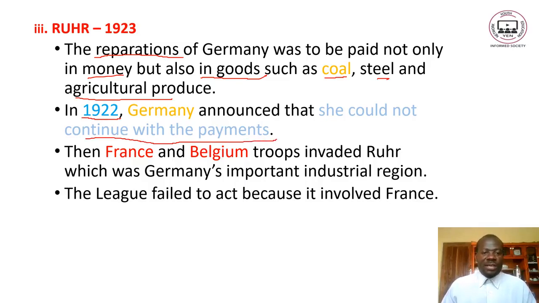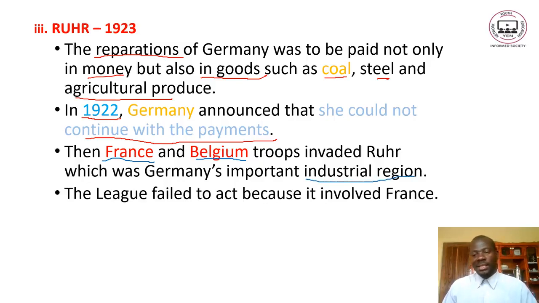So you see there, Germany was tired of paying the reparations. What followed was that France and Belgium immediately sent troops to invade the Ruhr. This Ruhr was an important industrial region for Germany.